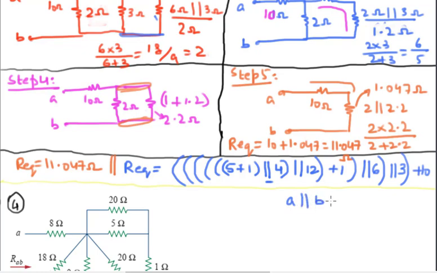If you have a parallel b, you just find out a into b over a plus b. This is the equivalent resistance of two resistances in parallel. This is how you are going to solve for the parallel sign. This is a shortcut that's mostly used in your textbook and other places. So that's just a shortcut, and this is how you can write the complete expression.